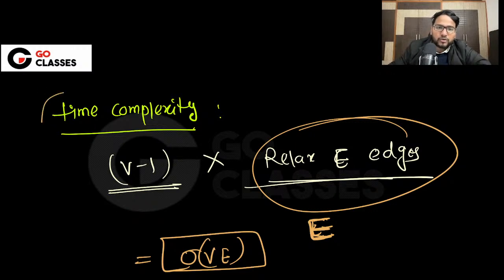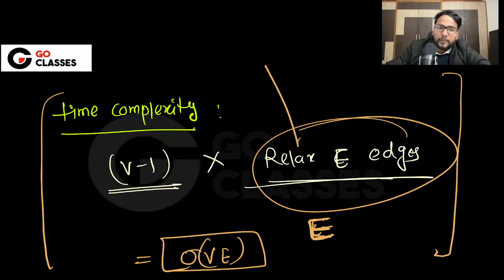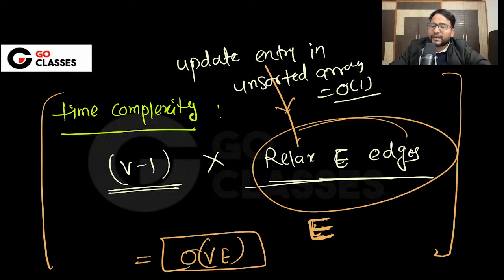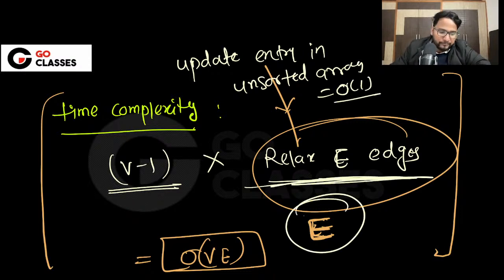I hope you understood what the time complexity is. Here the relax operation is just updating an entry in an unsorted array, which is just order of 1. So if you want to relax E edges, then in every loop you will take E time, right?